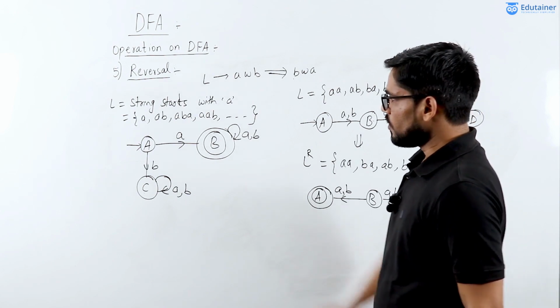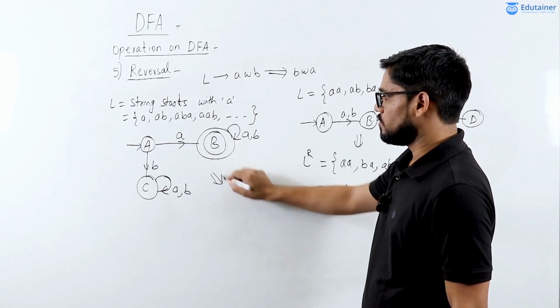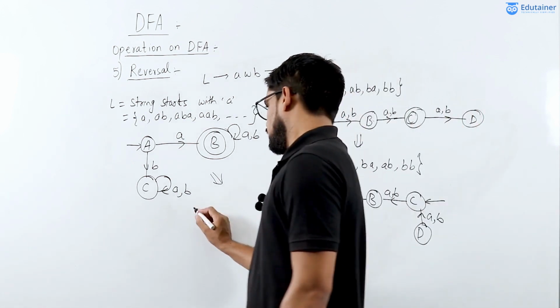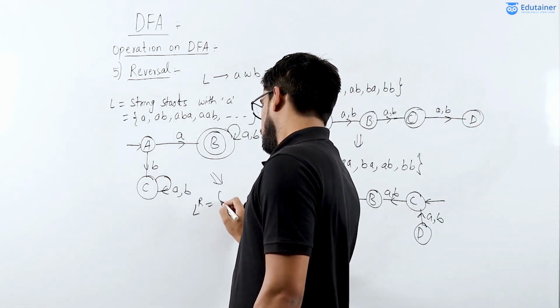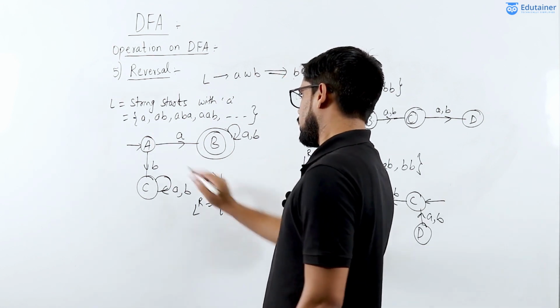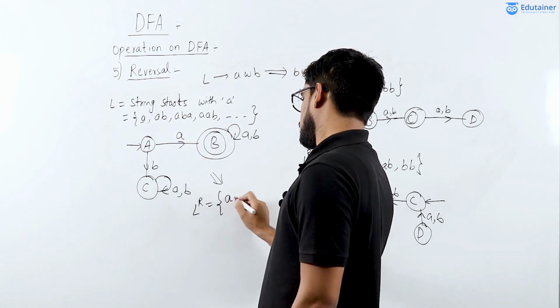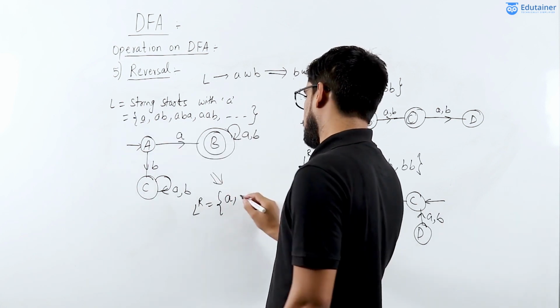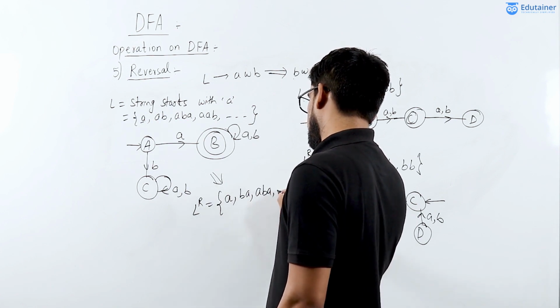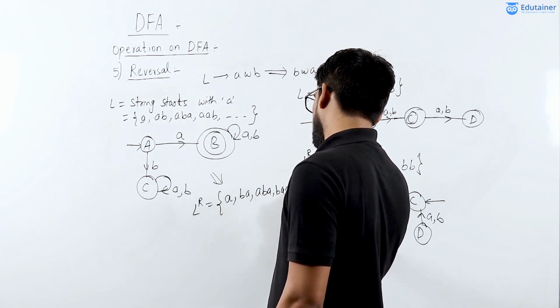Okay, now if I reverse the language, then the strings in the language will change to, let's say A here does not affect it, AB will change to BA, ABA will change to ABA, AAB will change to BAA, and so on.